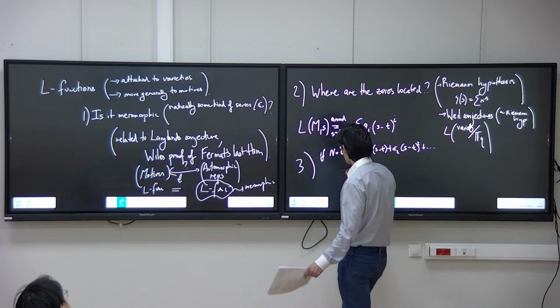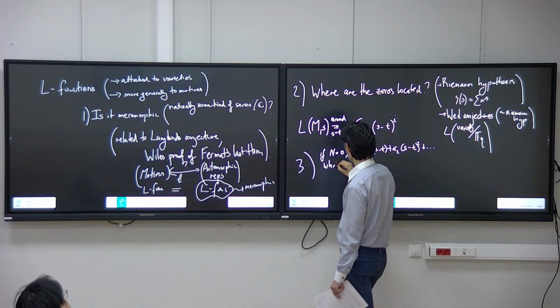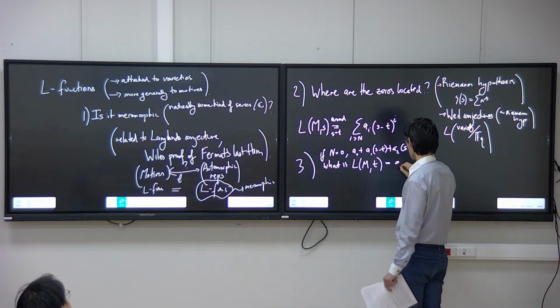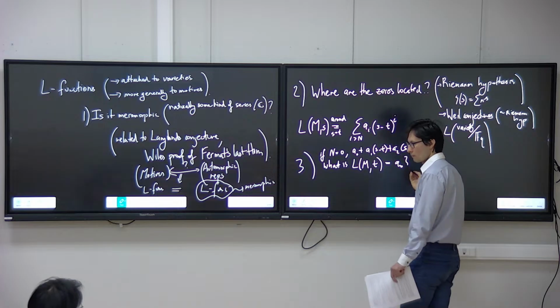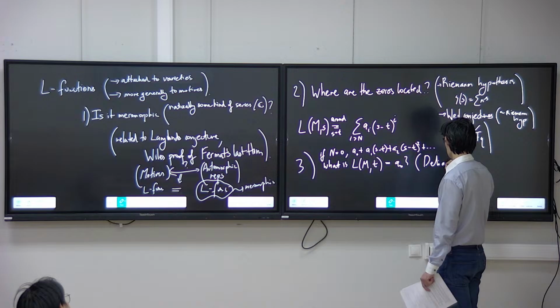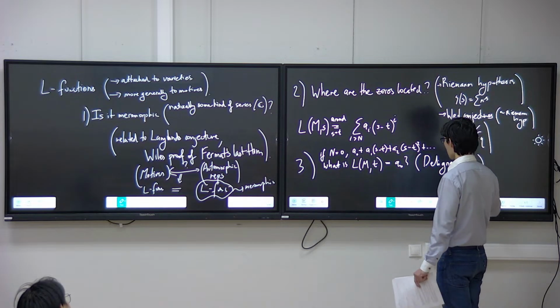The natural question is, what is L_M(t), or what is a0? This is the content of Beilinson's conjecture, which I will discuss today.